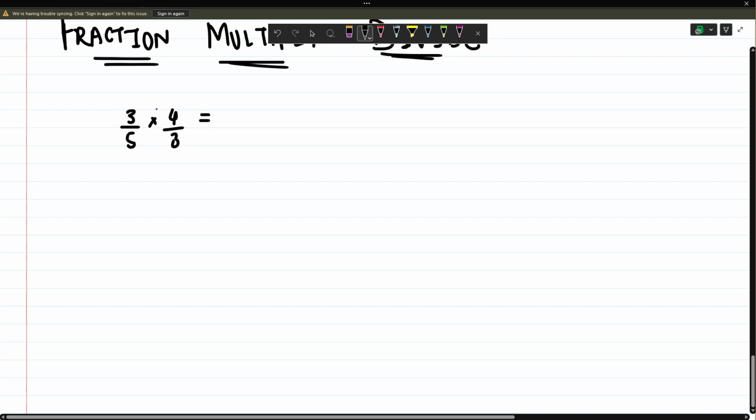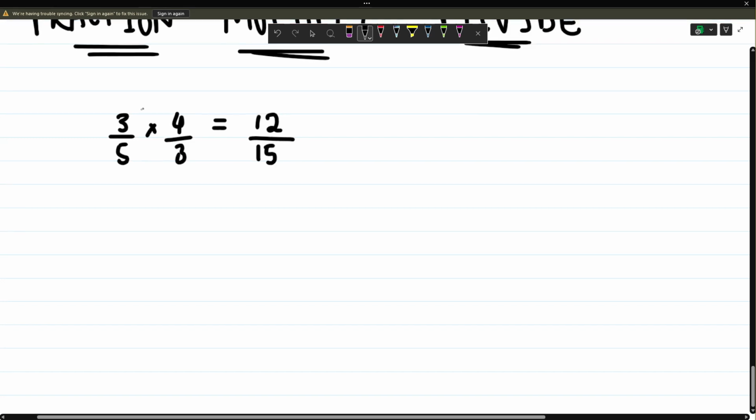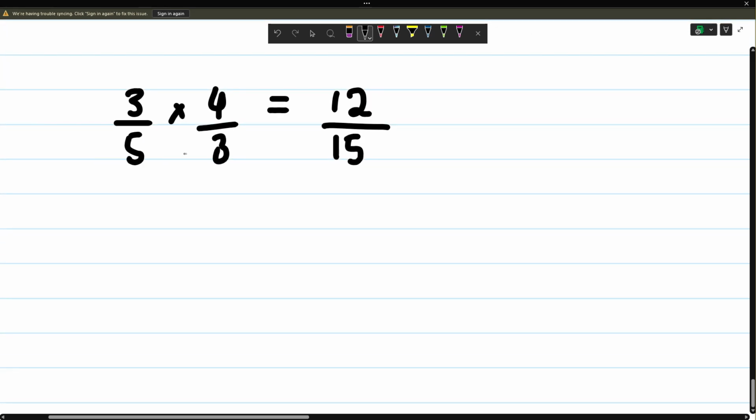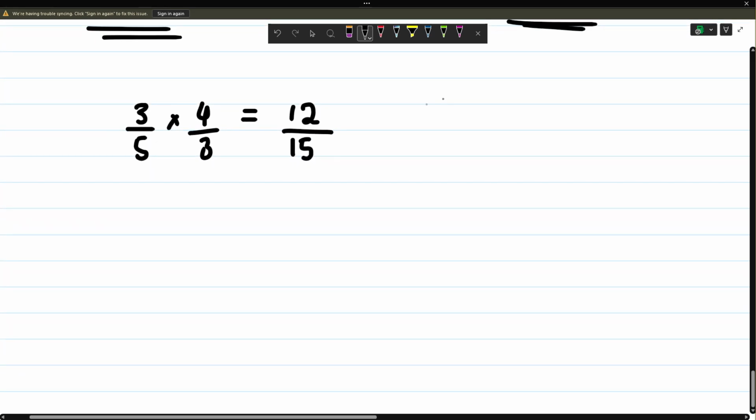So if you see, 4 3s are 12 and 5 3s are 15. Here you multiply both the numerators and the denominators. Though this can be simplified, 2 4s are 12 and 2 5s are 15, so this becomes 4 upon 5, right?